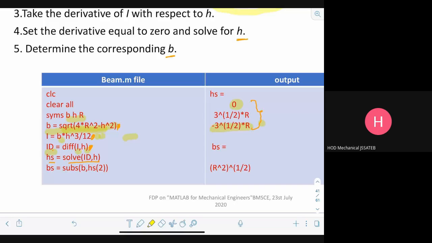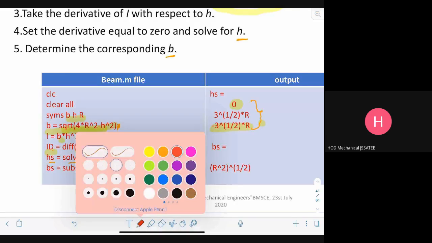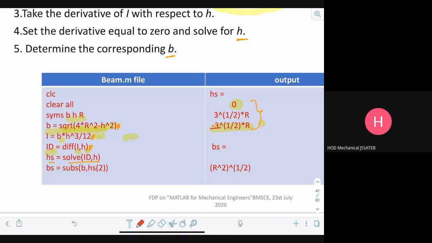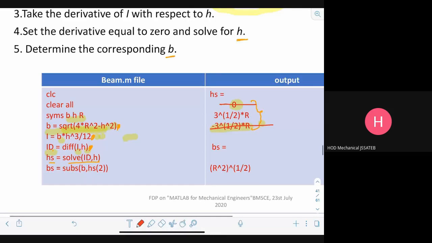Therefore, you filter out this one. So this is removed from the solution. 0 is not the solution; it is a mathematical solution, but not an engineering solution. It is a trivial solution. Only non-trivial solution that I have in this is this one.